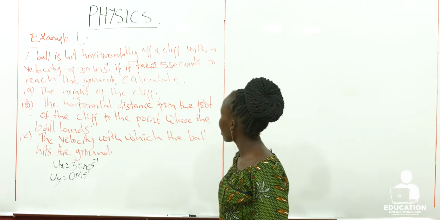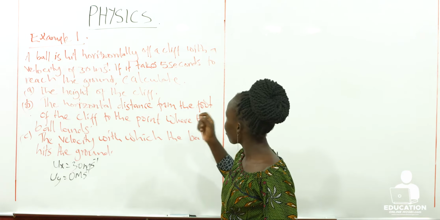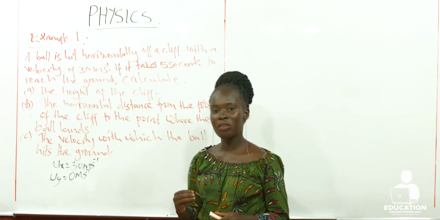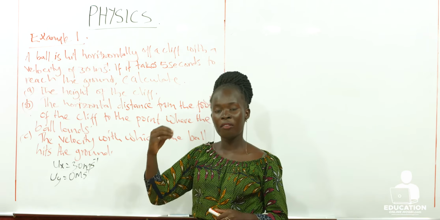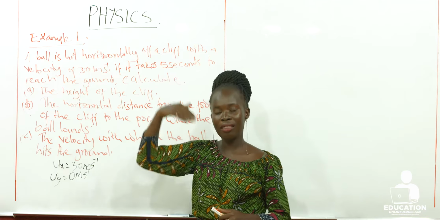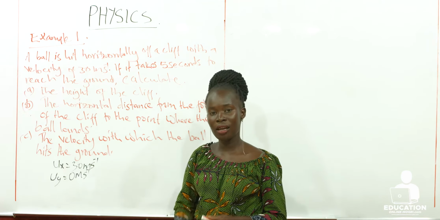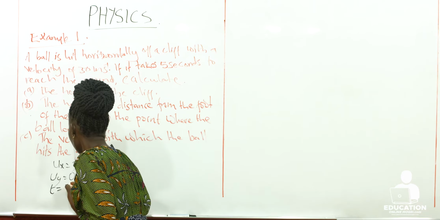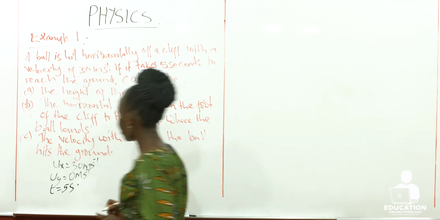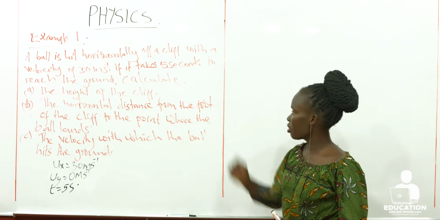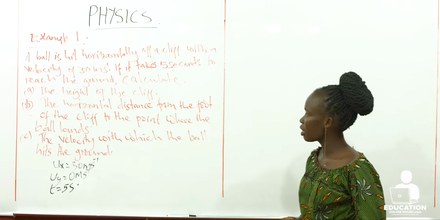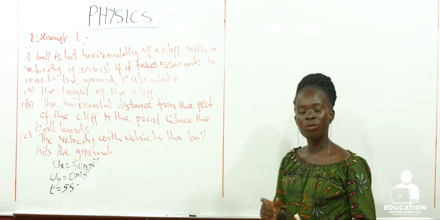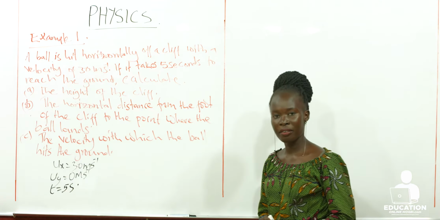So what else have they given us? If it takes 5 seconds to reach the ground, that is the time taken for the body to move from just that height until it hits the ground. So our time here is given to us as 5 seconds. Now what is the question requiring us to find? The height of the cliff. So how do we get the height of the cliff?